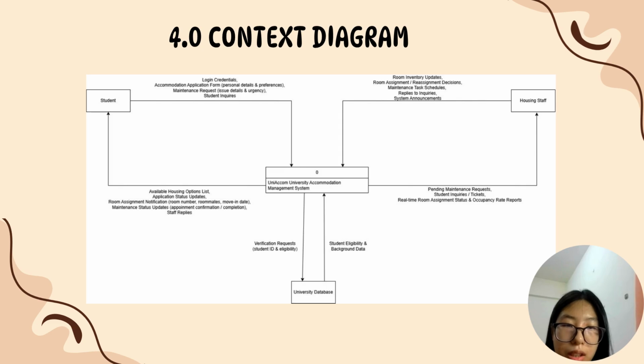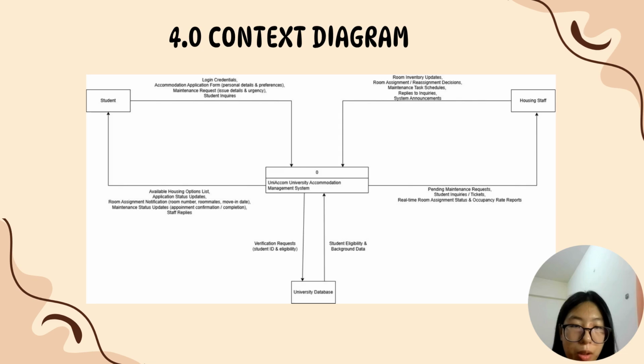First, the student initiates interaction by sending login credentials, accommodation application form, maintenance request, and student inquiries. In return, the system provides them with available housing option list, room assignment notification, maintenance status updates, and staff replies.